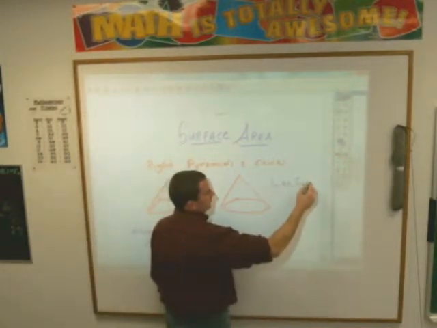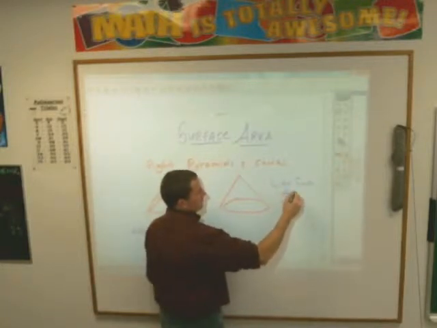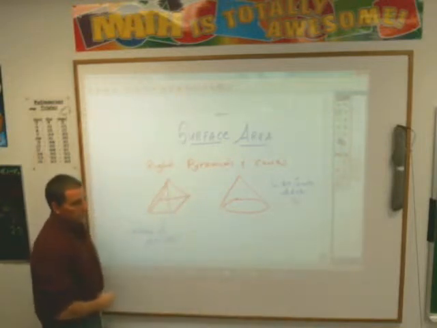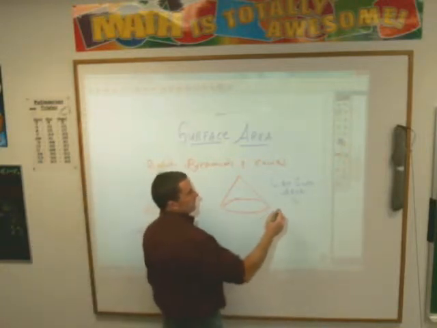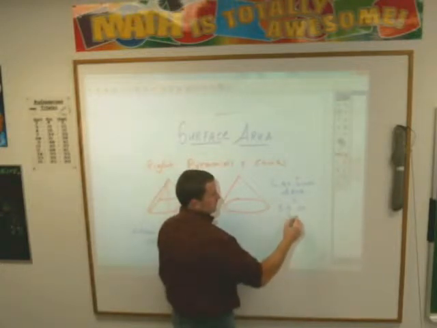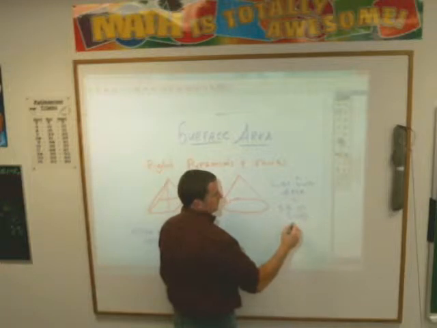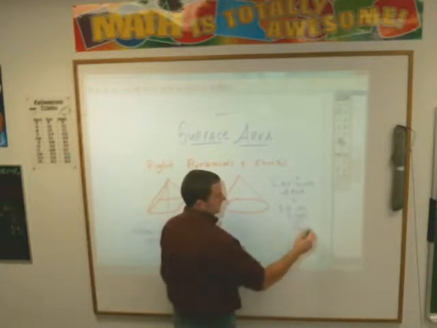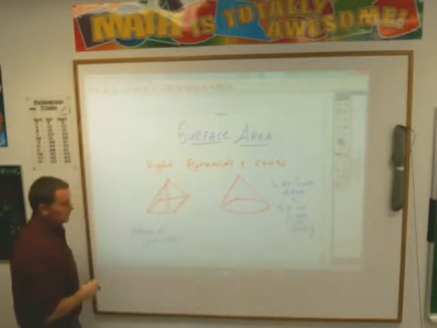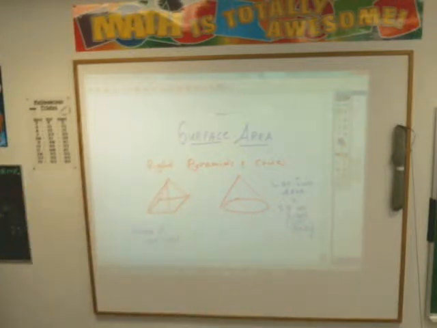And we've done this before, and it's exciting, but hey, it is what it is. The lateral surface area is the surface area of all the sides, not including the base, or bases, depending on how many bases it may or may not have. These only have one base, so it's only one base, one side there.